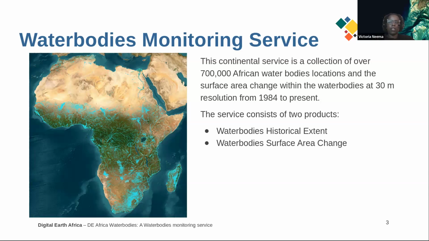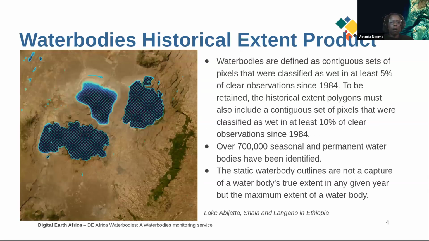And the surface area change for these water bodies is derived from the water observation from space feature layer product. These two products, the historical extent and the surface area change, are what now make up what we call the water bodies monitoring service. I'll start off by talking about the product.